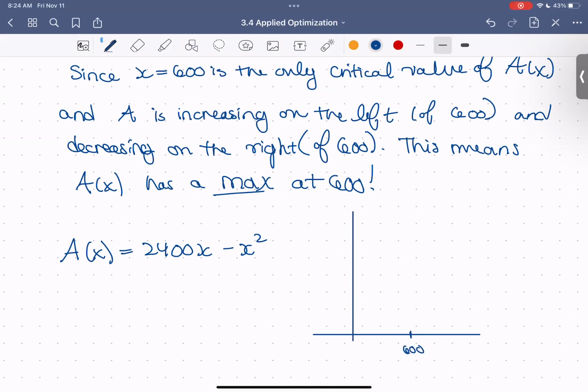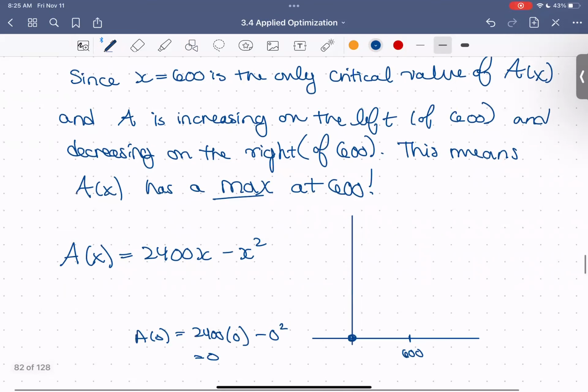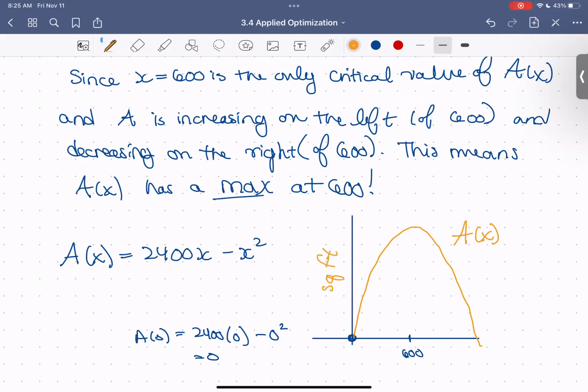We can see that at 0, so a of 0, our output is equal to 0. So our function's down here. So that means that our function looks something like this: increases until 600 and then decreases. And that is area of X. And the output is going to be in square feet, because we're using feet in all our dimensions.